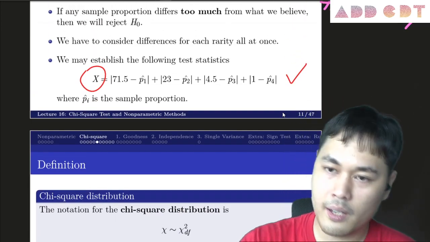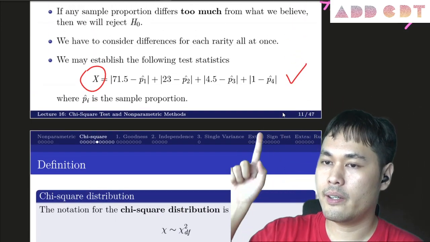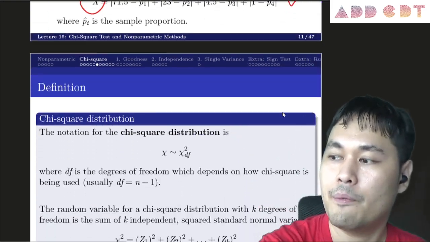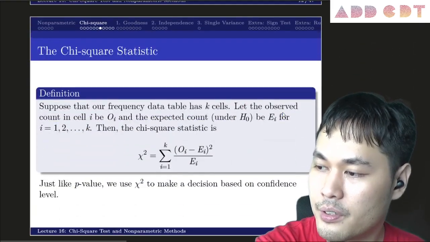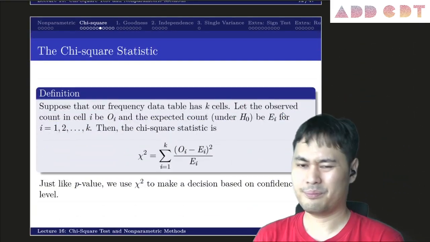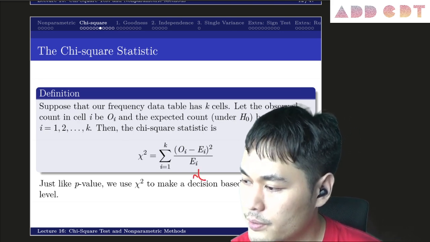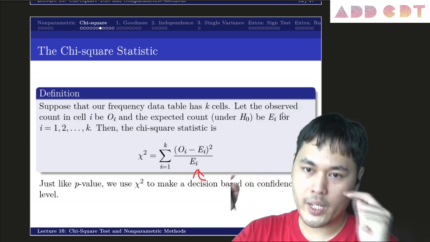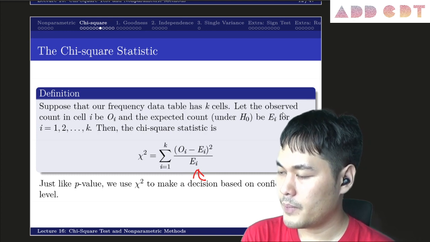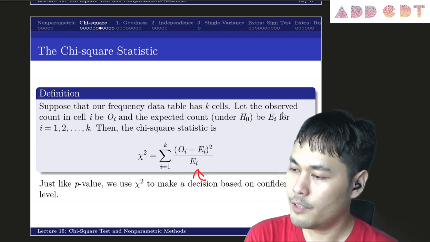Right. So now we can look at the definition. But notice that I'm writing kind of a simple version. What we actually use has to still take into account the ratio. So the formula has two differences.